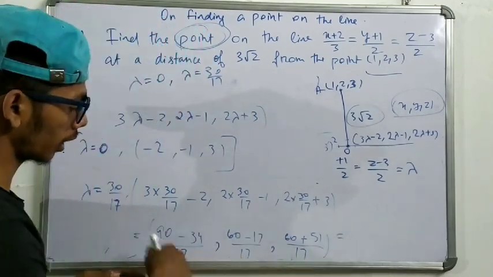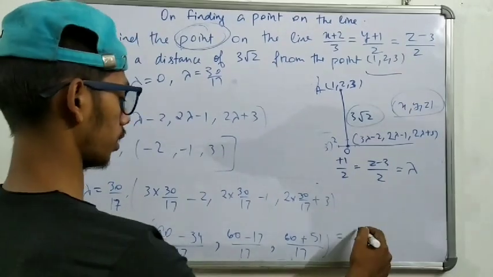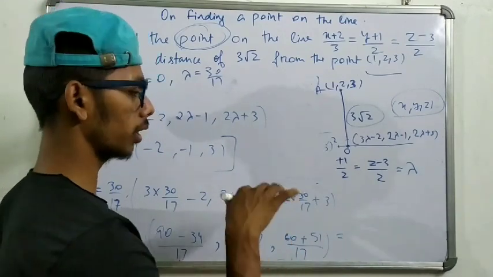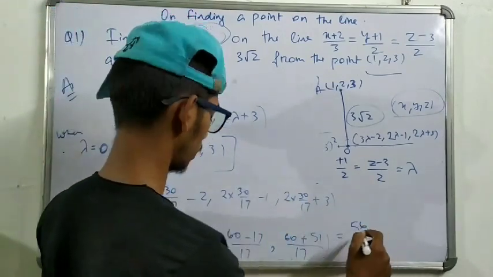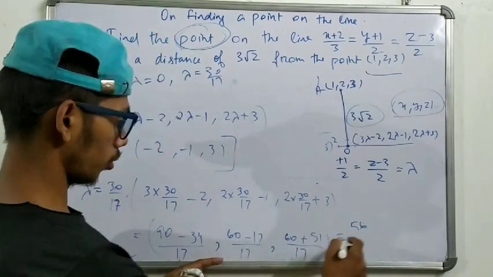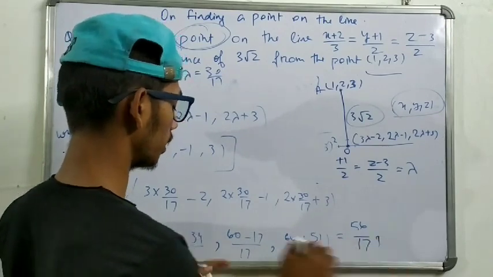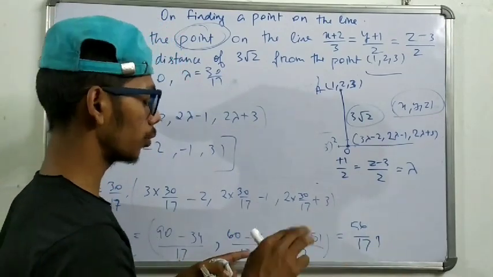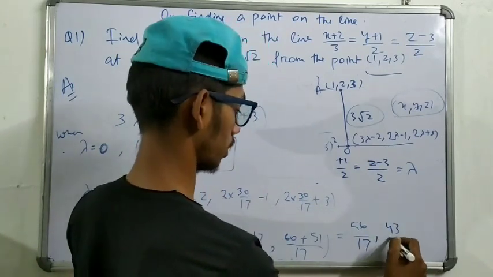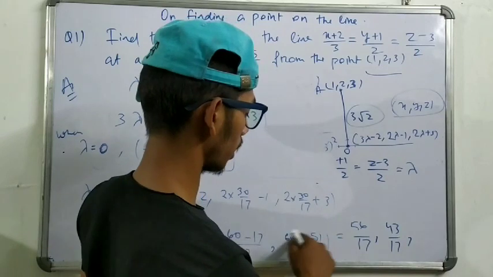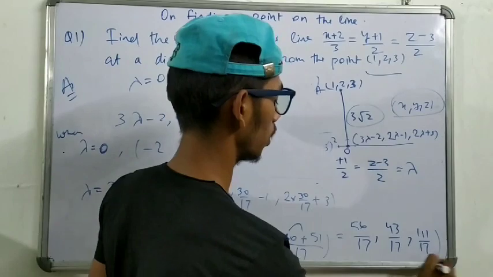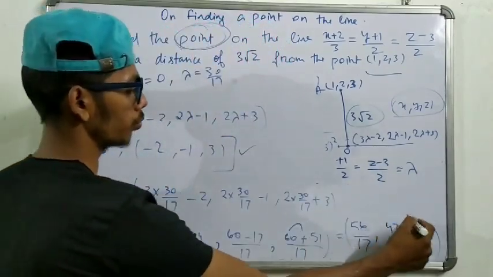On calculating, 90 minus 34 is 56, so 56 by 17, and then 60 minus 17 is 43, so 43 by 17, and you have to add 3 and 2, which gives 111 by 17. So these are my points which were asked to find.